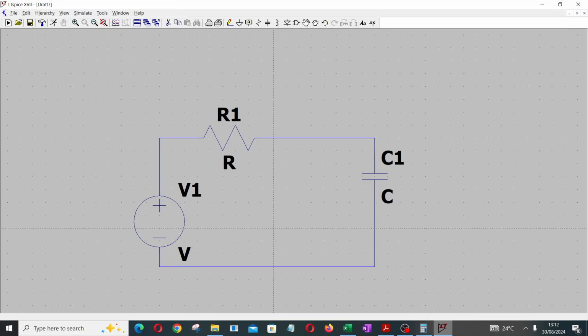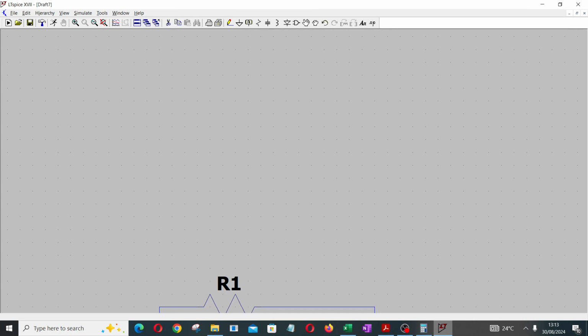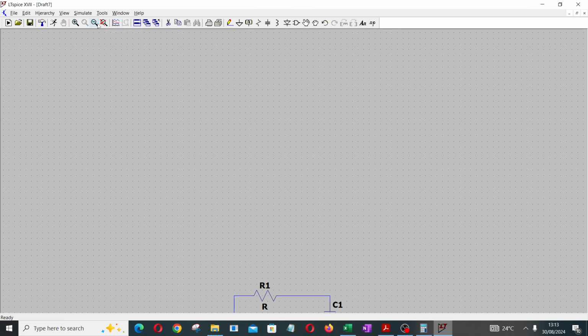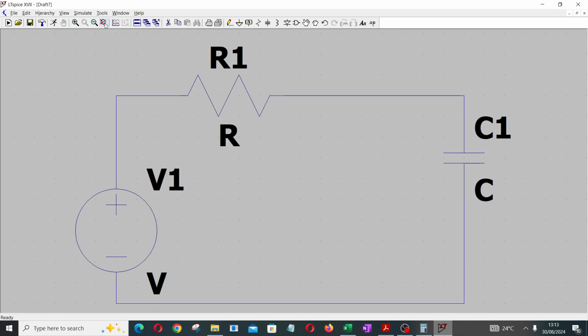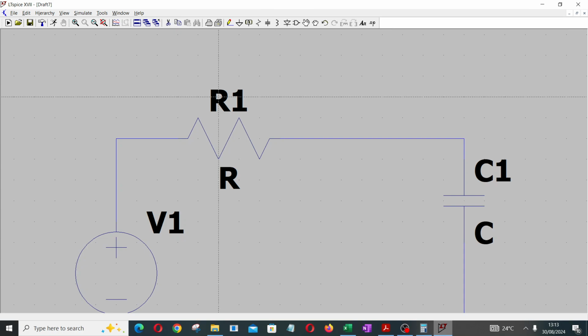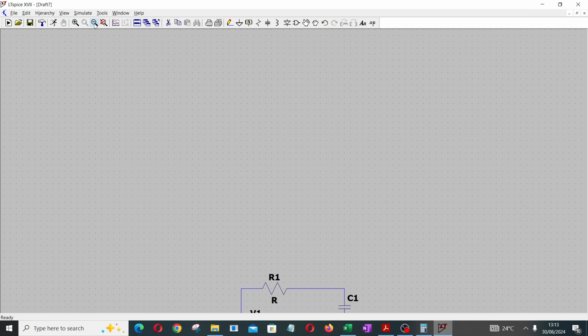But we must not forget to put our ground. Unlike in Proteus, in which at times you may not even put a ground in your design and the system will still run, in LTspice it is not going to work. As a matter of fact, the system will keep giving you an error. So you must not forget to put your ground.